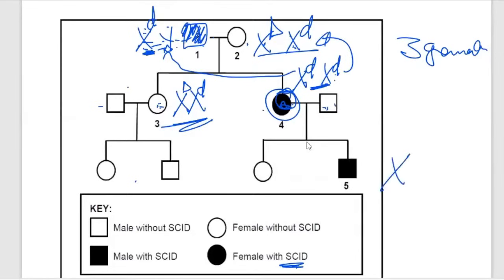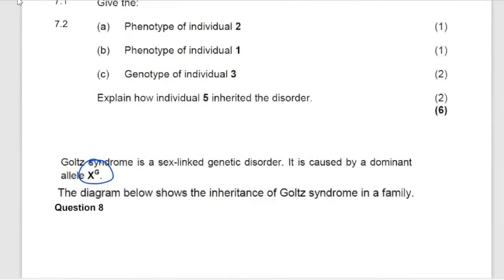Father is normal, the individual is male. So we're going to say that individual 5 is a male who is sick and therefore obtained a recessive allele from the mother. You have to tell us that individual 5 is affected with this disorder and received one recessive allele from the mother, who is number 4. Therefore, I think that's how you can try to explain.